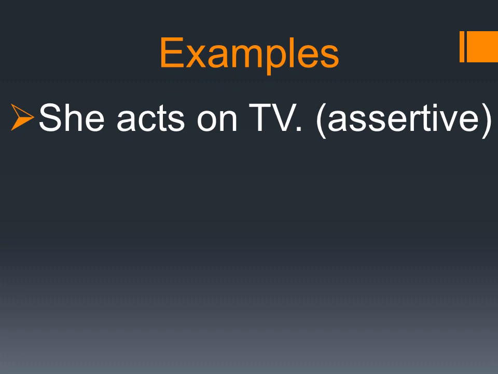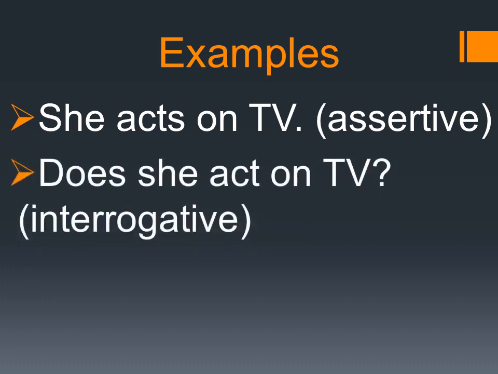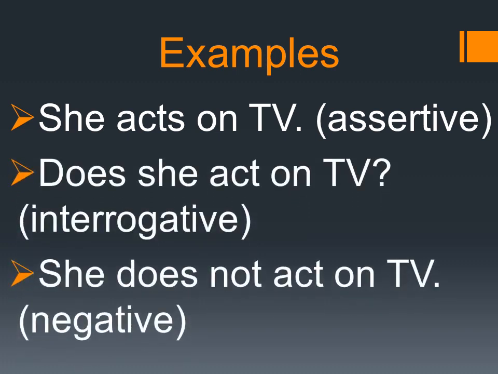When there is a third person singular subject, we use s or es with the verb, and in order to frame its interrogative or negative sentence we use does. Does she act on TV? She does not act on TV.